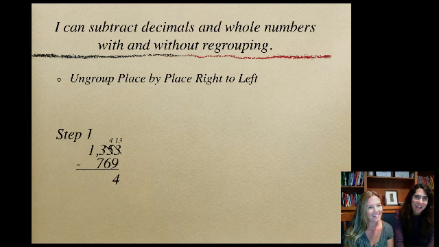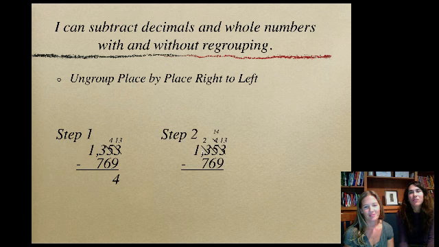Then we have to look again in our tens place, and we have to ask ourselves, can I do 4 minus 6? No. Once again, please say no. And you are going to then borrow in the next place value, which is hundreds. Now what you'll notice is we're just adding on. We had 4 tens, but now since we realized we can't do 4 tens minus 6 tens, we're borrowing yet again.